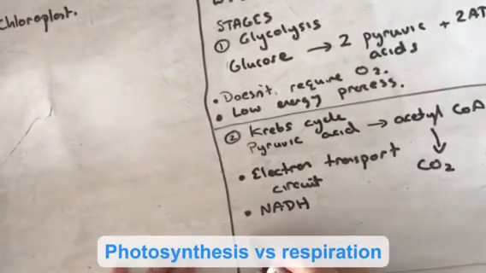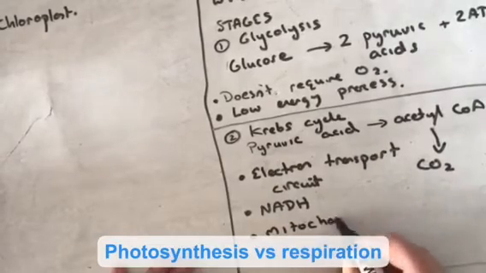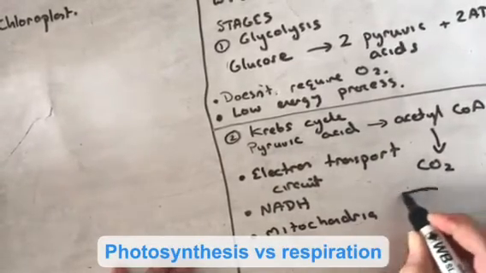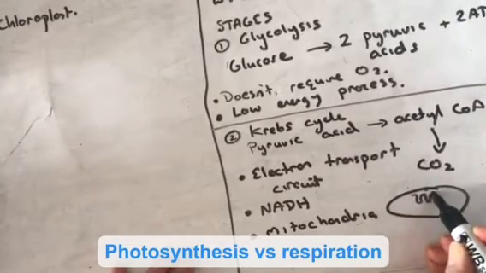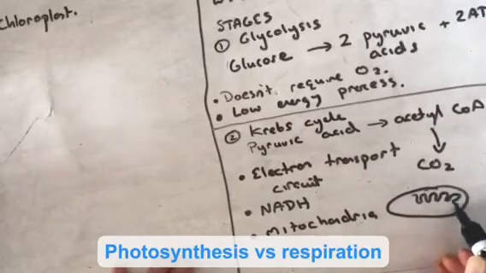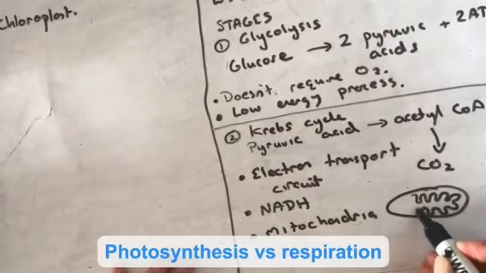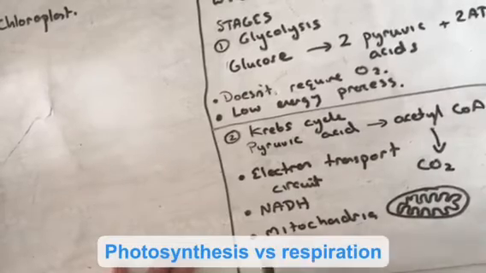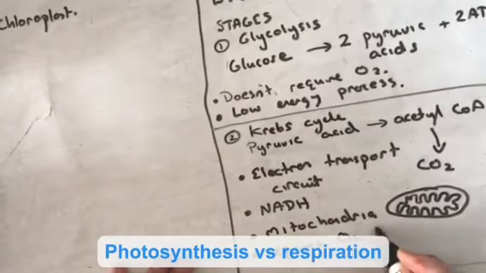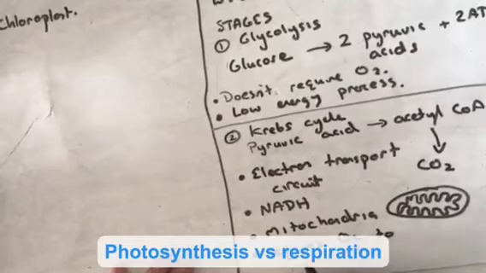The Krebs cycle happens in the mitochondria. If we look at the structure of your mitochondria here, it happens on these little folds. They're called cristae. You don't need to know the name of those though. It does require oxygen. It requires O2 to occur.